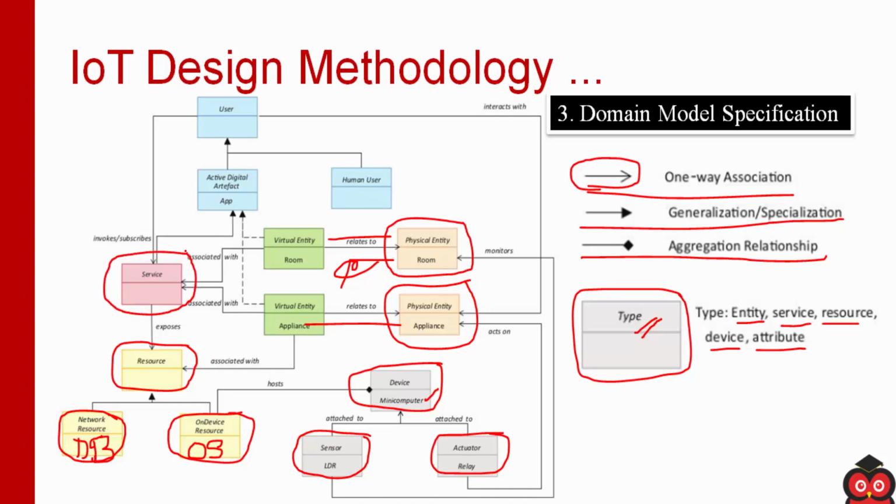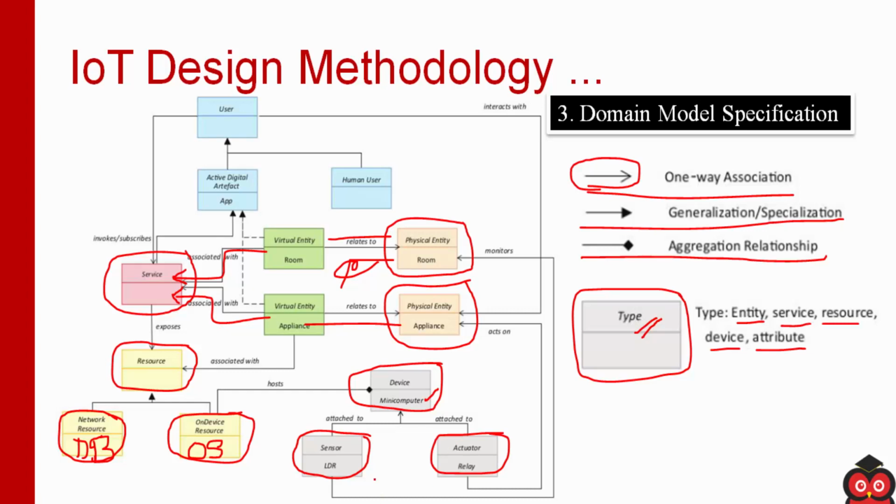And the last type of entities is service. So what does the service do? Service will access physical entities. It does not access them directly, it accesses the physical entities through their counterpart virtual entities. Using those it will provide services, right?